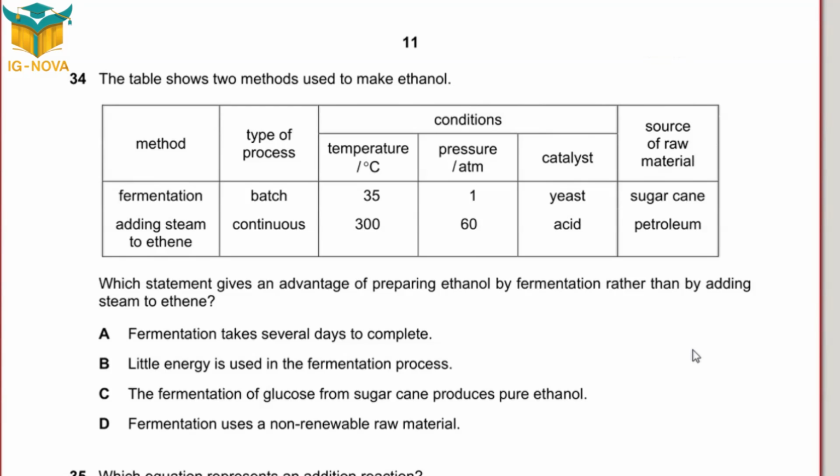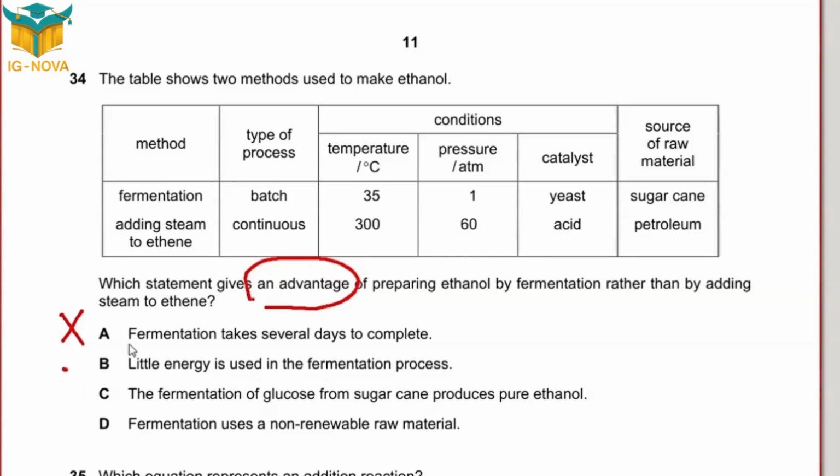34. Which statement gives the advantage of preparing ethanol by fermentation rather than by adding steam to ethene? Fermentation takes several days to complete. That is a disadvantage, not an advantage. Latent energy is used in the fermentation process.